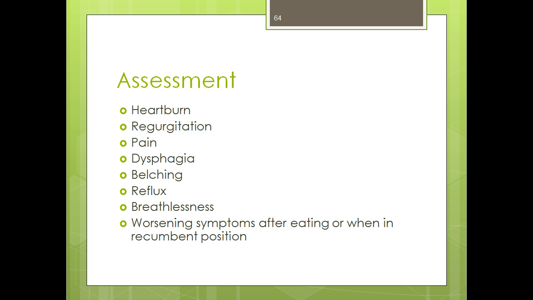Okay, when you are performing the assessment, you need to ask the patient if he or she has any type of heartburn, regurgitation, any backflow of food in the throat, pain, dysphagia, difficulty swallowing, excessive belching.